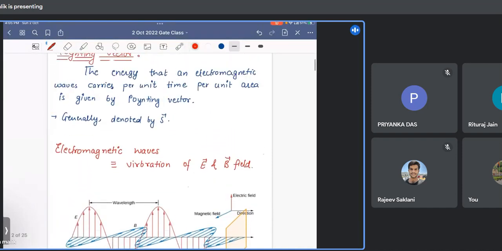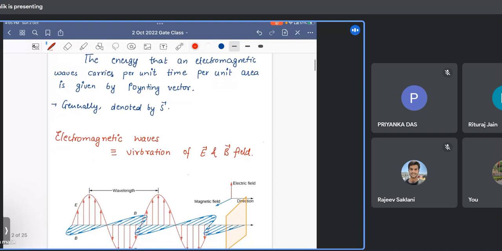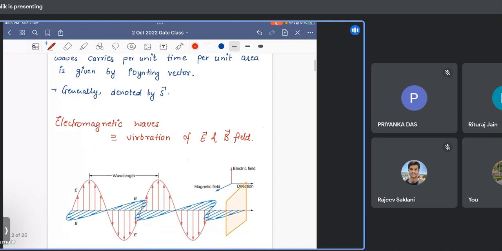The Poynting vector gives an interpretation of how much energy the electromagnetic wave is carrying per unit time per unit area, and it is generally denoted by the S vector. Similar to electric and magnetic fields, electromagnetic waves carry forward momentum and energy with them, and to determine the energy and momentum this wave is carrying, we use the Poynting vector.